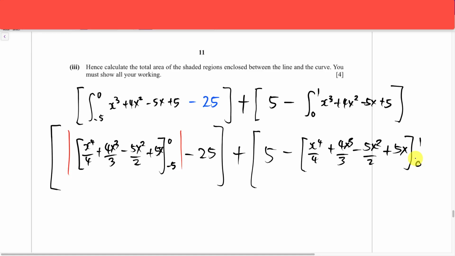I type everything into the calculator: -5 power of 4 over 4, plus 4 times -5 power of 3 over 3, minus 5 times -5 squared over 2, plus 5 multiply -5.